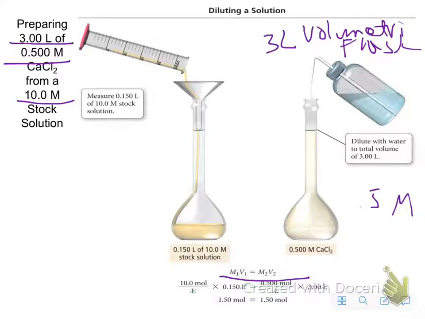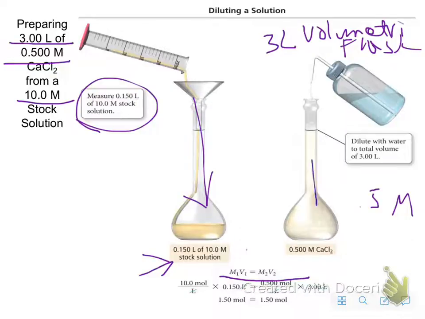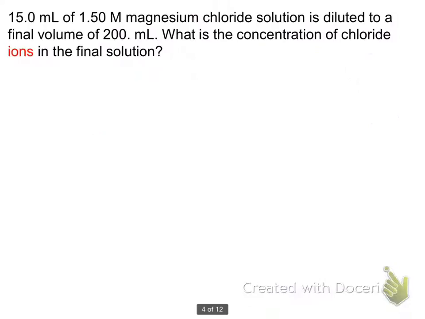When you're doing a dilution, you're trying to figure out how much of the concentrated solution you need. In this case, it's 0.15 liters. So I'm going to add that to my volumetric flask, and then I'm going to add distilled water until I get up to the line. I'm making a total of 3 liters, so I'm using a 3-liter flask. We're going to do these dilutions in class the first week or 2 of school.